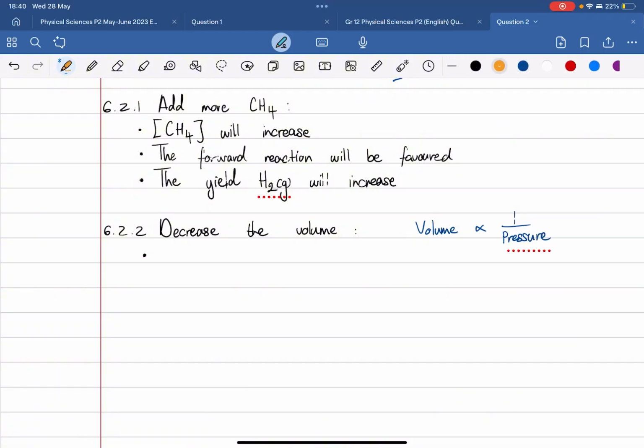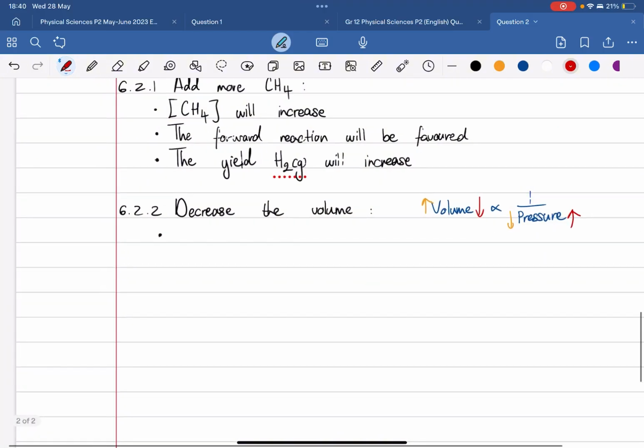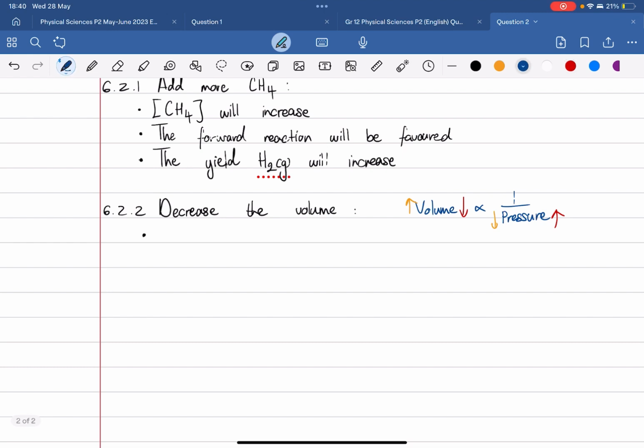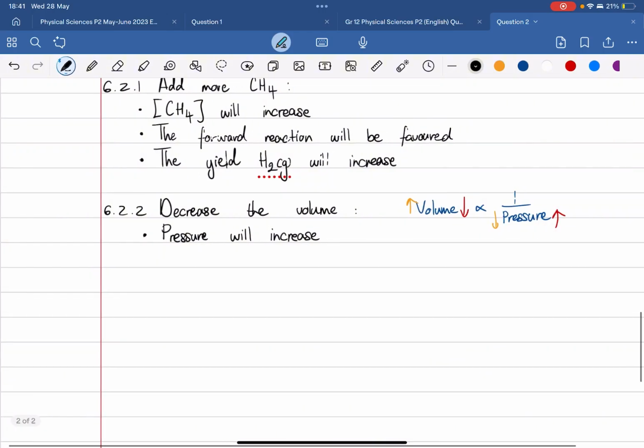So what does that mean? That means when the volume increases, the pressure decreases, all right? And when volume decreases, the pressure increases, okay? So because you decrease the volume, what's going to happen to the pressure? The pressure will increase. So we say pressure will increase, all right?